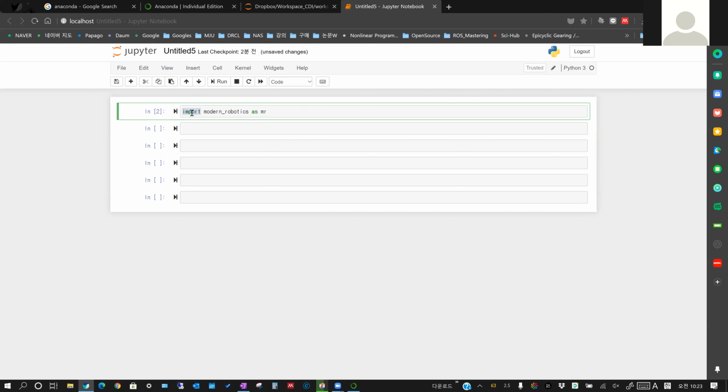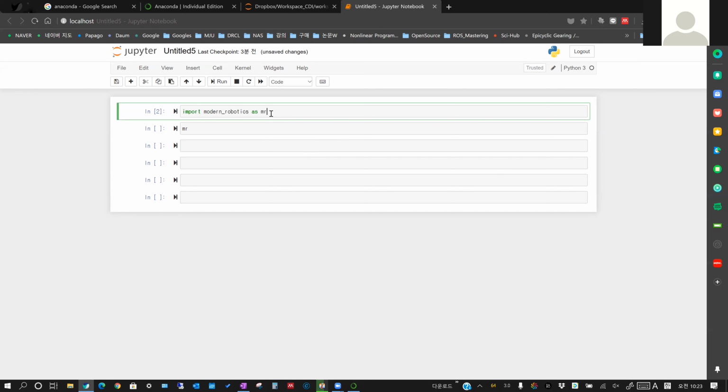In Python we use import, and the modern robotics library was imported with the simple alias mr.